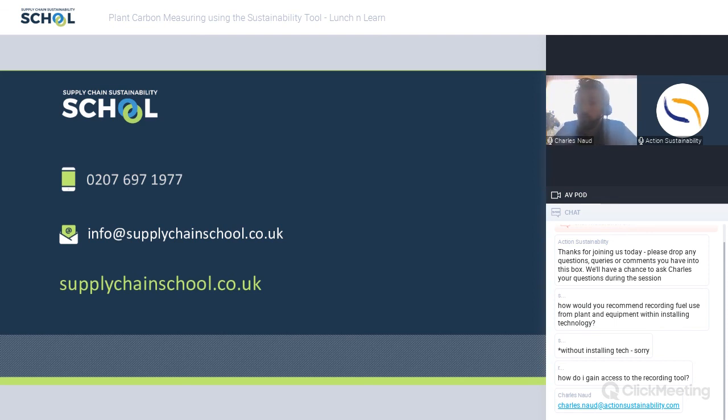Does the sustainability tool take account of measures taken towards low carbon or renewables? Yes, absolutely. The tool that I showed you can be configured in any way. We configure it from scratch for every single client to make sure that the tool is recording the information and measuring the KPIs that are relevant to them.